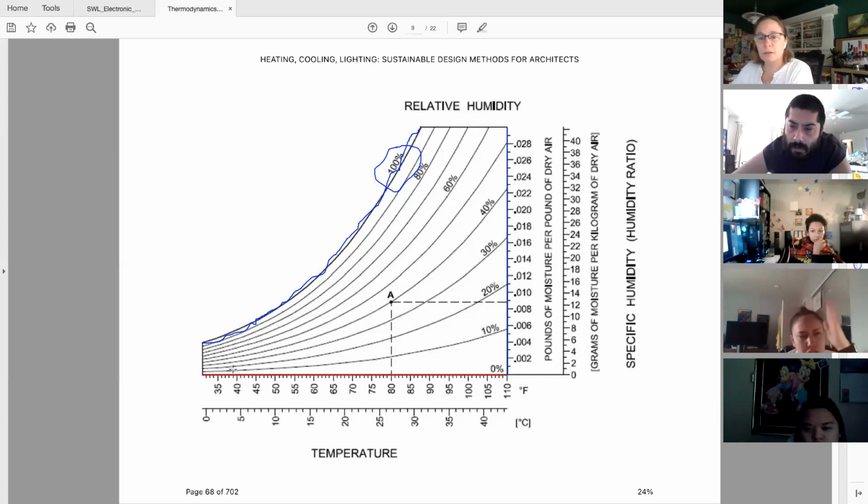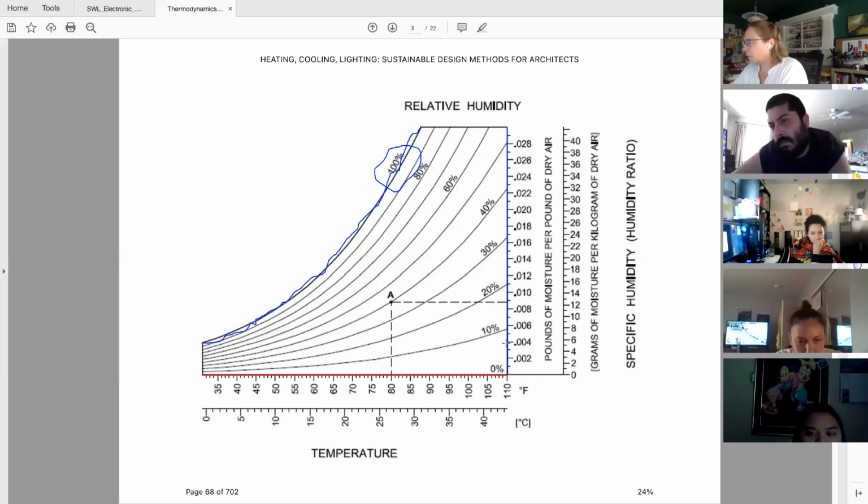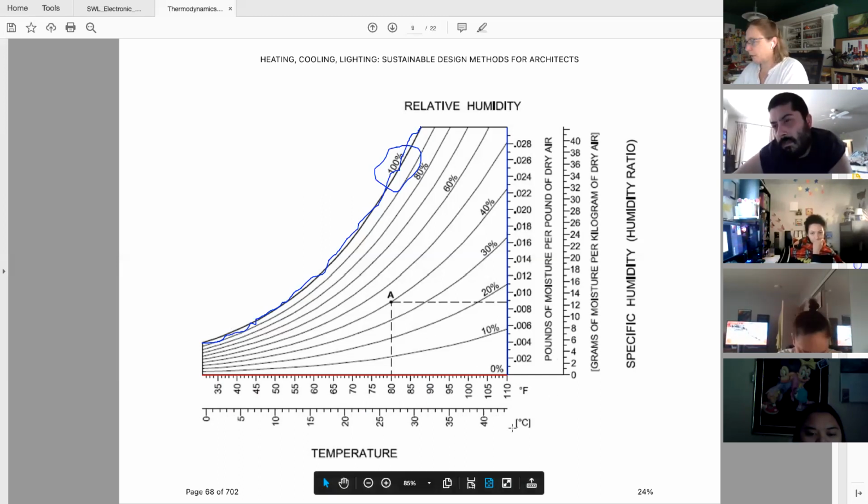There's an acceleration to the line instead of it just keeping going up. We don't have to worry about that too much. So more moisture at 85 degrees in volume versus at 40 degrees, the maximum amount of moisture that the air can hold is a lot less volume.